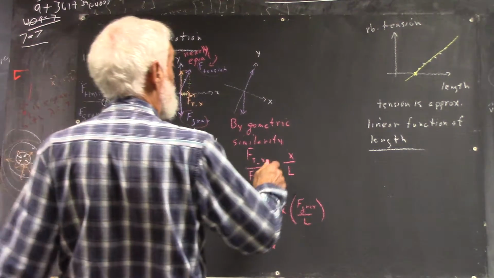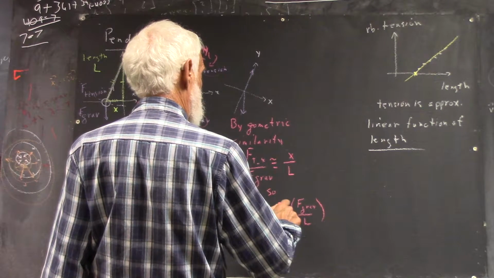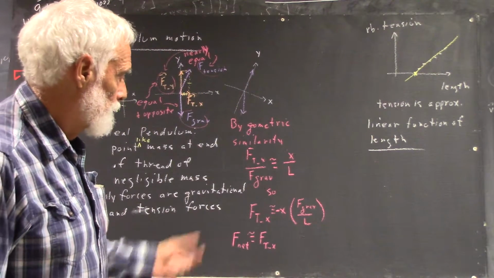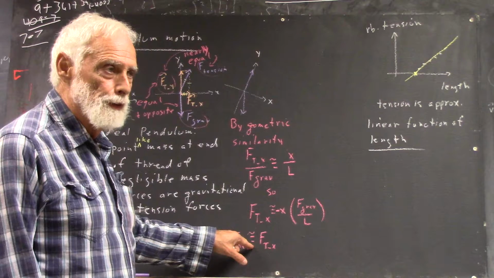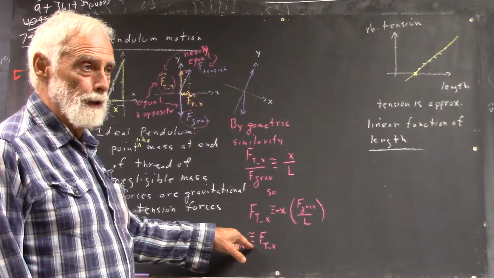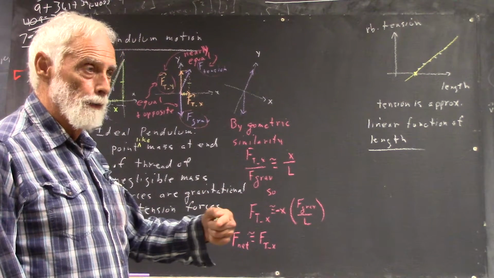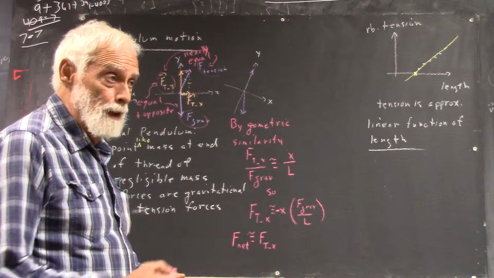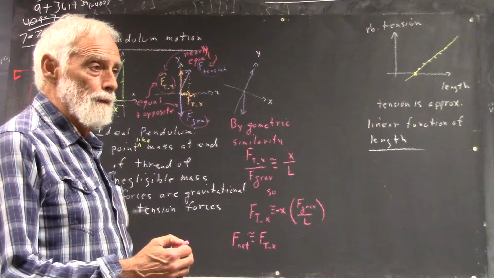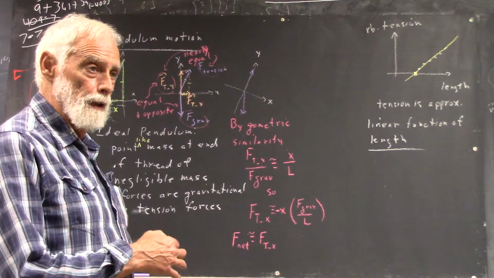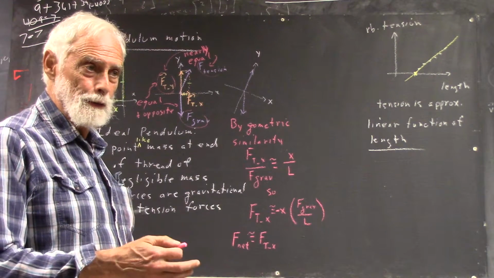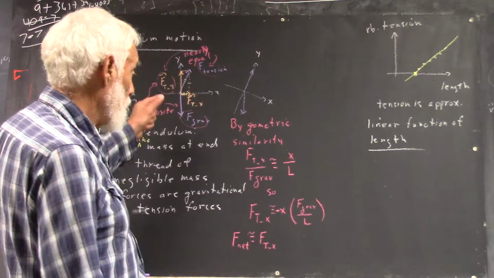So these are all approximations, and I'm going to put a little curvy tilde over the equal sign to say it's an approximation. But it's an excellent approximation as long as you're not moving too far from equilibrium compared to the length of the pendulum. Keep it within 20 degrees and you're going to be hard pressed to measure any difference between ideal behavior and real behavior. Air resistance will have more effect on your results than the approximations here.